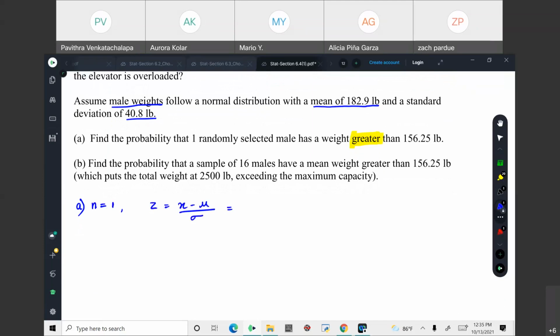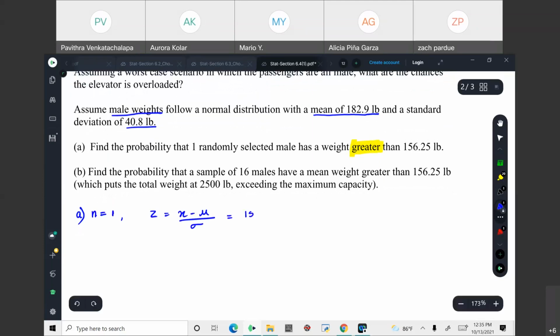Now here x will be 156.25. Just concentrate on the A sub question. And mu is the mean, which is given in your problem, 182.1. Standard deviation is 40.8. Calculate the z.